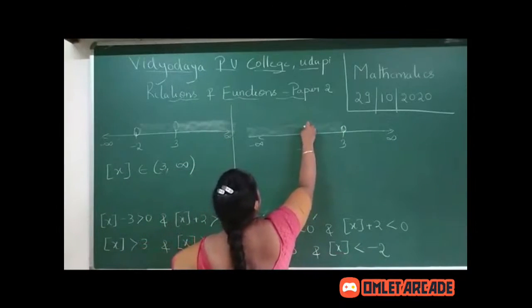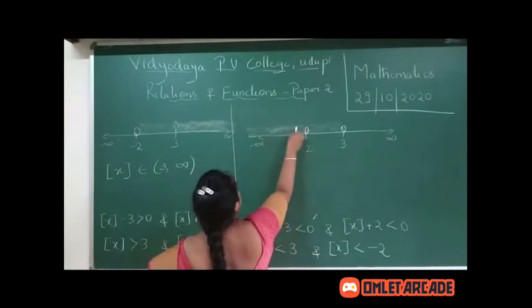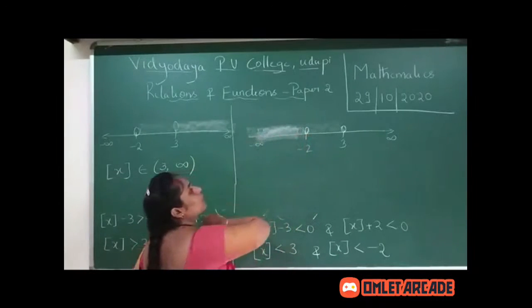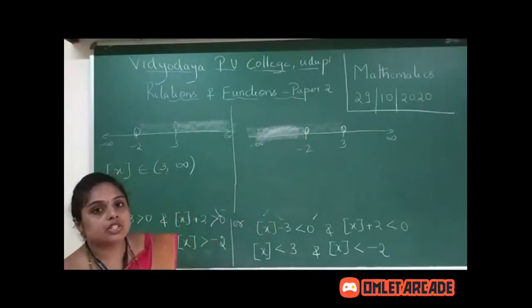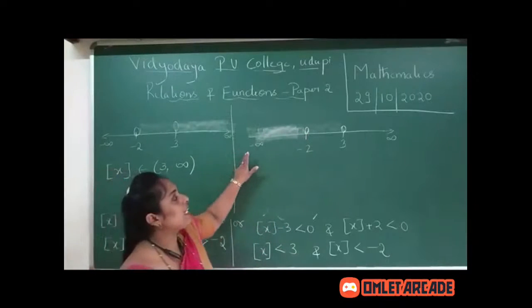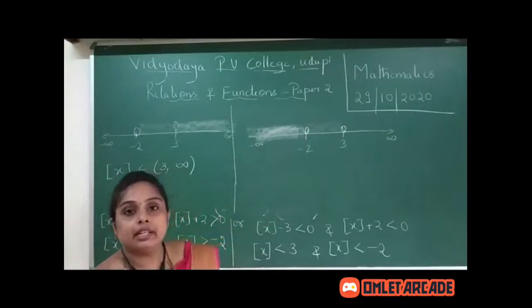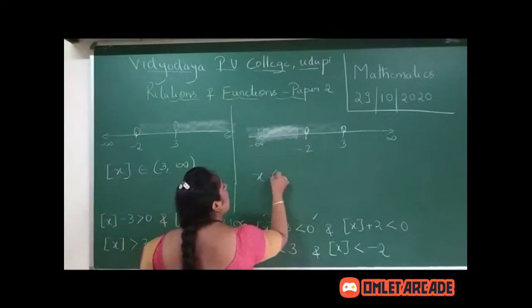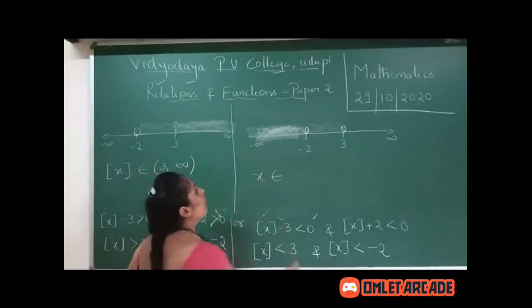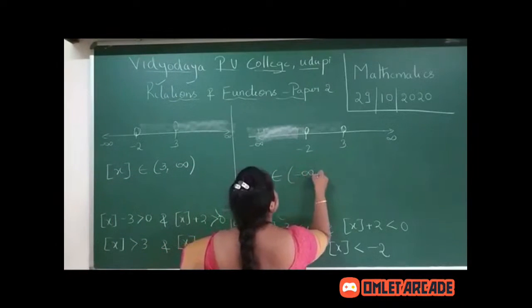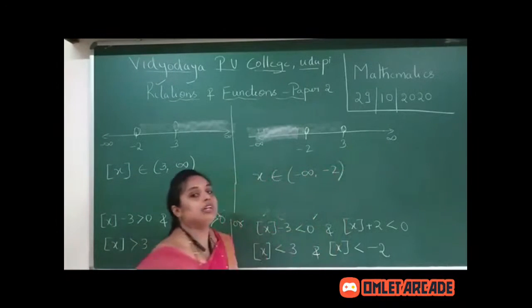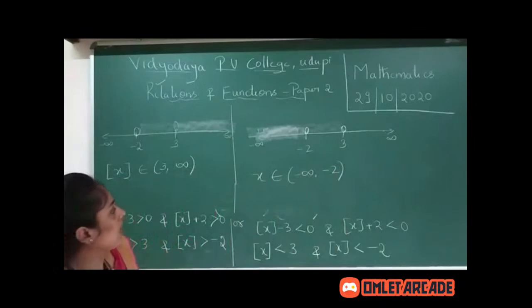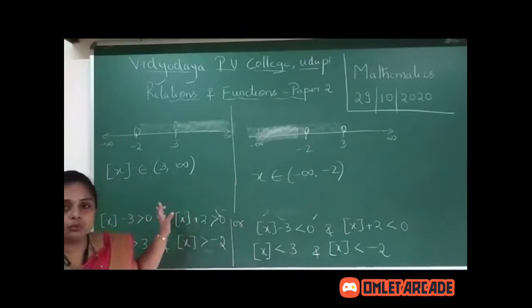Excluding minus 2, less than minus 2. Now which region is shaded twice? Minus infinity to open interval minus 2. So from this interval, x belongs to open interval minus infinity to minus 2. Okay, so the answer would be union of these two.